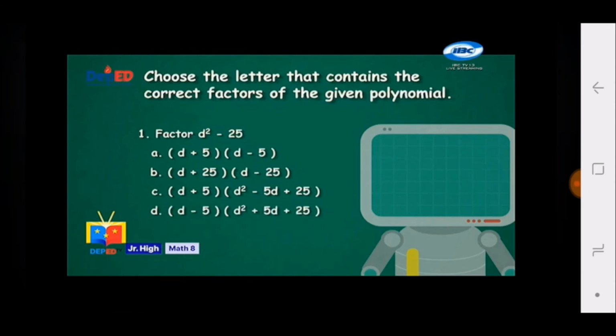For D, the quantity d minus 5 times the quantity d squared plus 5d plus 25. The correct answer is A, the quantity d plus 5 times the quantity d minus 5.